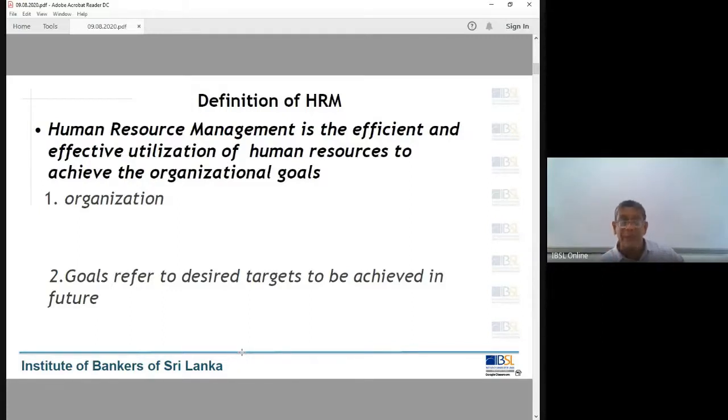How can you manage your human resources in an organization efficiently and effectively? To achieve the organizational goals. Why do we need to manage human resources efficiently and effectively? To achieve your organizational goals. So that management of human resources is called human resource management. Simple, right?